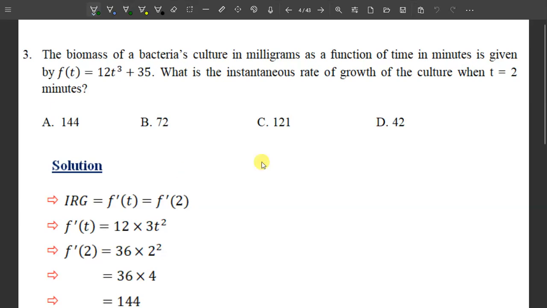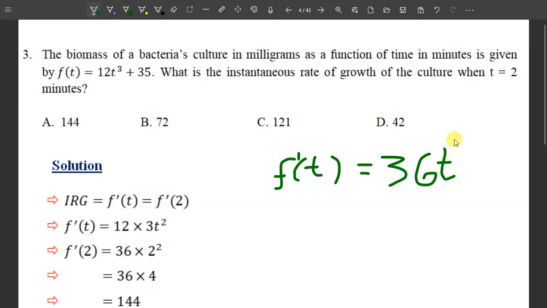The instantaneous rate of change is the derivative of the function at a point, so if we differentiate f of t, we multiply 3 by 12, which is 36, then subtract 1 from the exponent 3 to get t squared, and the derivative of the constant is 0.